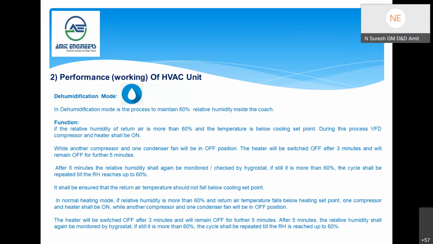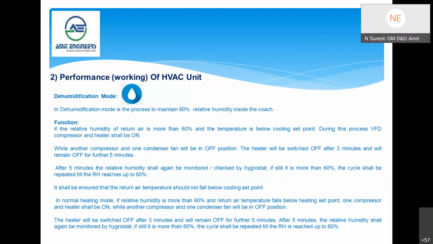Sir, I was asking one thing. Suppose there is a requirement to update that logic for passenger comfort in railways as per practical requirements, is there any possibility of reconfiguration in this system, or will this remain constant throughout? Sir, currently we have given the logic which has been approved or guided by RDSO.